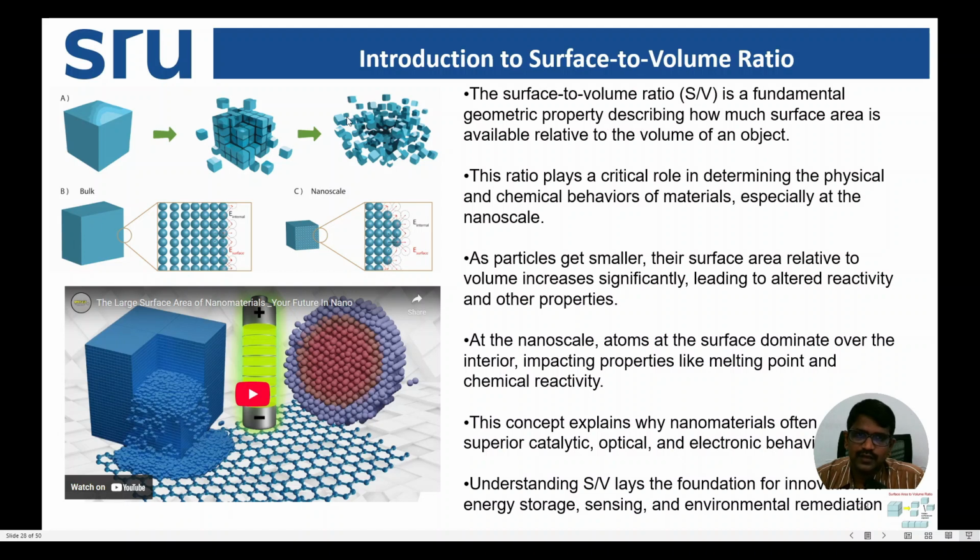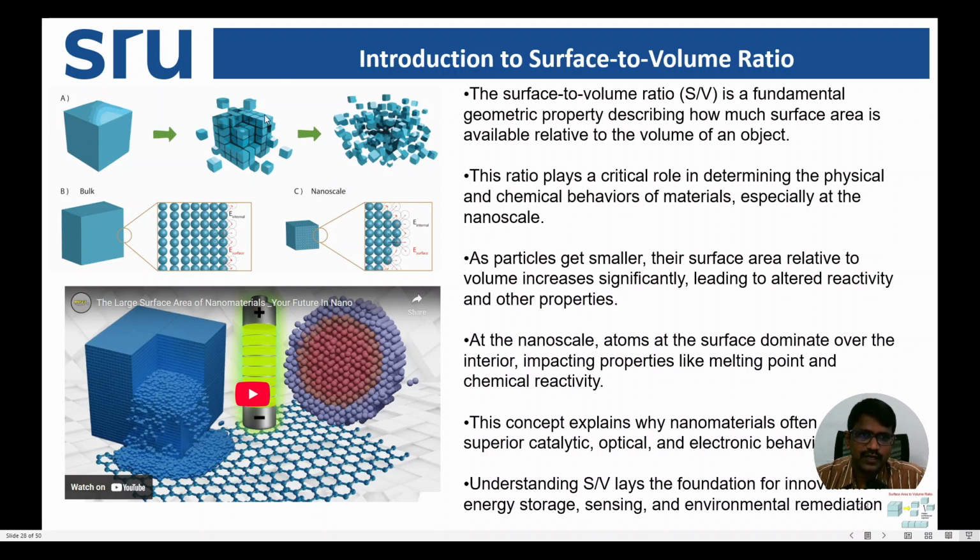When we divide a bulk material into multiple pieces, here you can see, the surface to volume ratio is a fundamental geometric property describing how much surface area is available relative to the volume of an object. For example, if you take a bulk material, the available total surface area is very less.